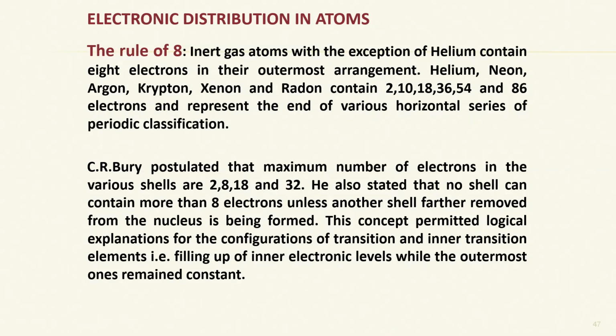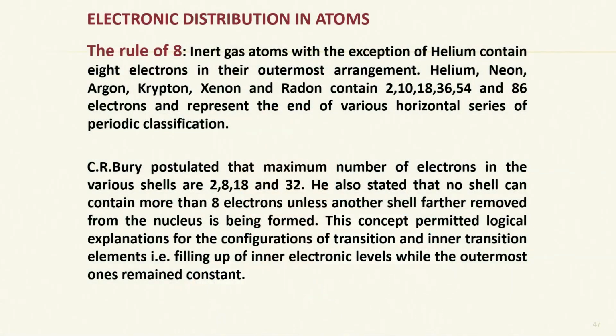These electrons must be arranged around the nucleus in different orbits, and there are certain rules which have been in practice or which have been observed, and those rules we will interpret a little bit for our understanding. So, these rules actually represent how the electrons are organized around the nucleus in a given space.